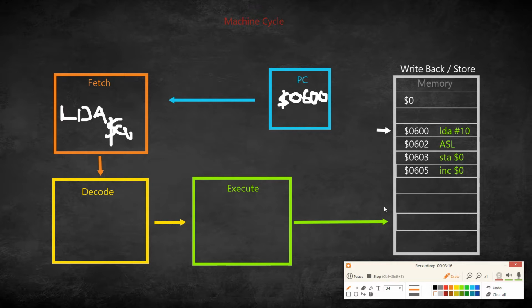So now, once we're done with that cycle, it's going to increment the program counter for this location, and if you notice over here, it increments by 2. 0602, because LDA and hex A actually takes 2 bytes.